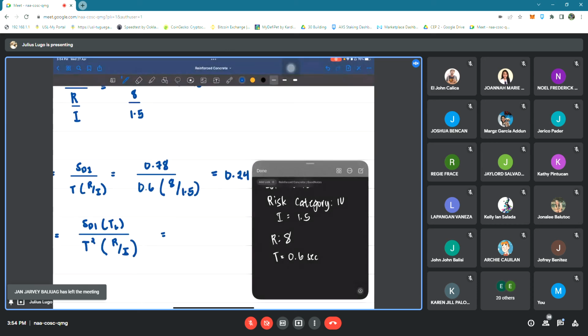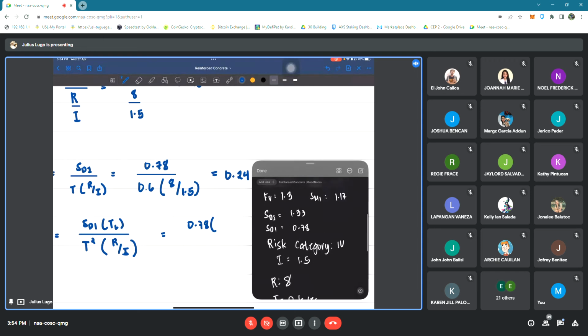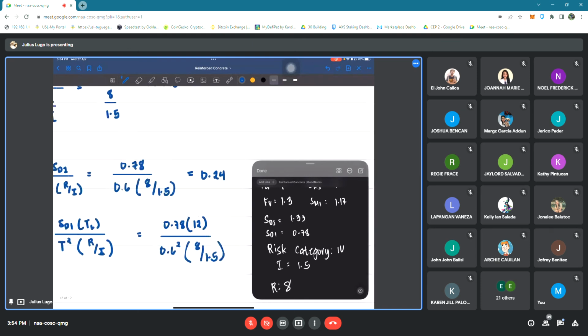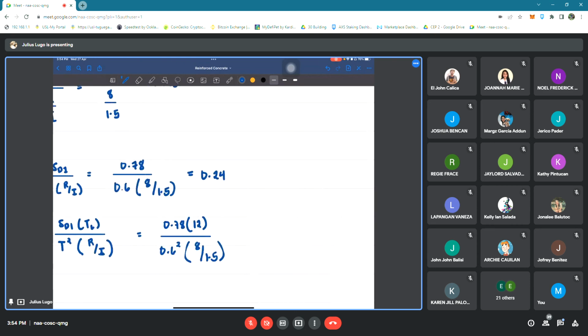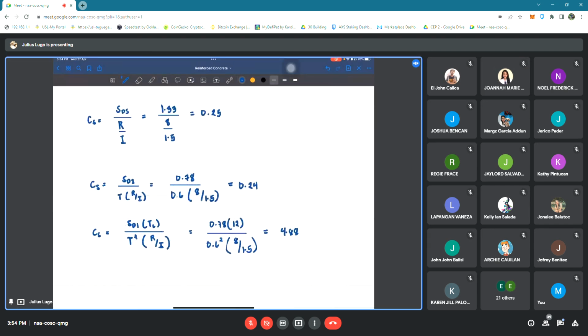That's SD1 multiplied by TL, so 0.78 multiplied by TL, which is 12, all over T squared, which is 0.6 squared, multiplied by 8 over 1.5. What's the value of this one? 4.88. So these are our values for the CS.